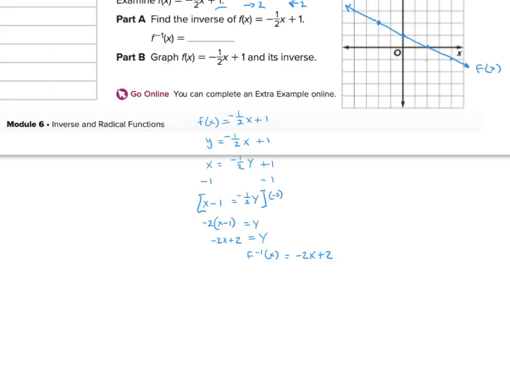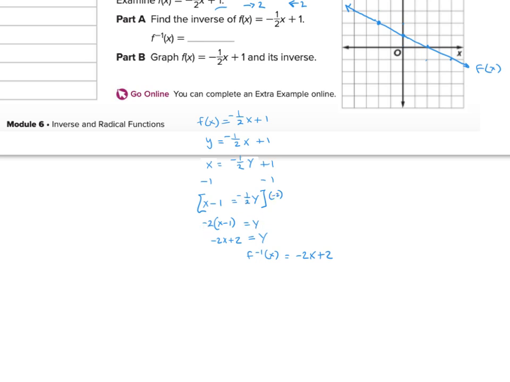Okay, so the first thing I did, here's my function, negative 1/2 x plus 1. I rewrote it as y equals. Then I swapped the x and the y. And then I started solving for y, so I subtracted 1 from both sides. x minus 1 is equal to negative 1/2 y. There are different ways you can solve this, but I'm going to multiply both sides by negative 2, and that way negative 2 times negative 1/2 just becomes 1y.